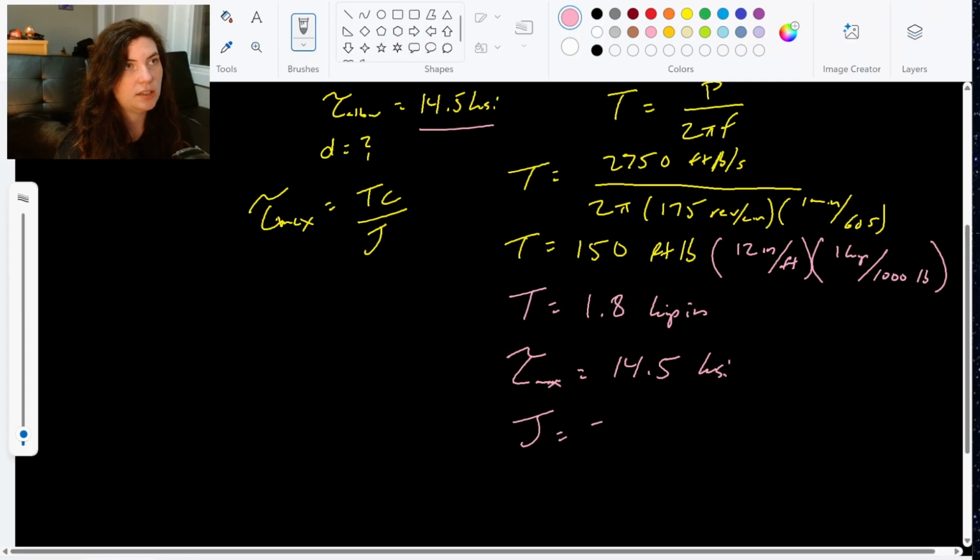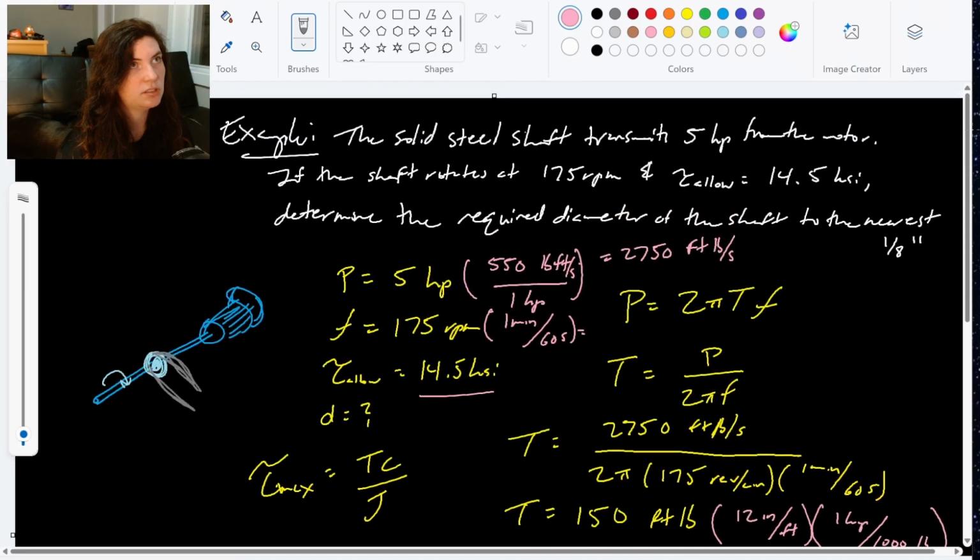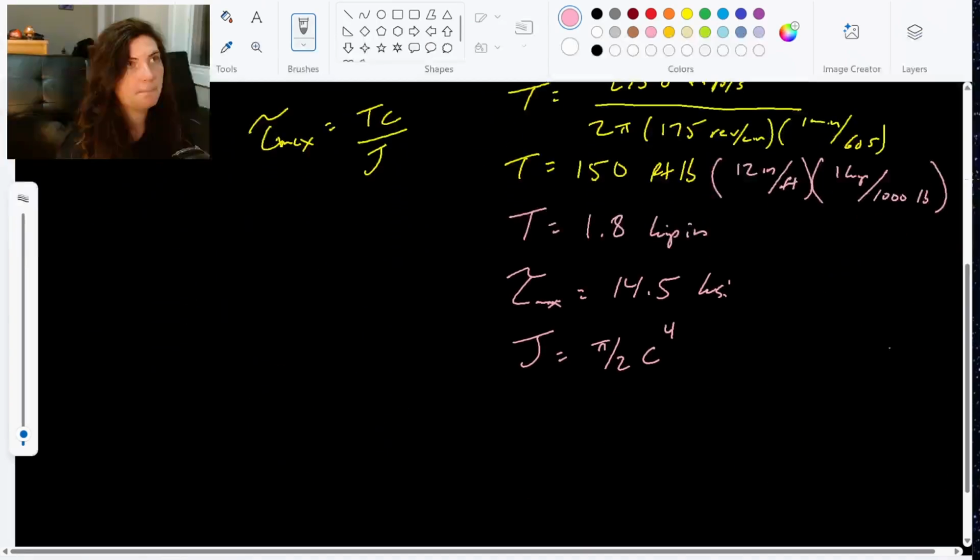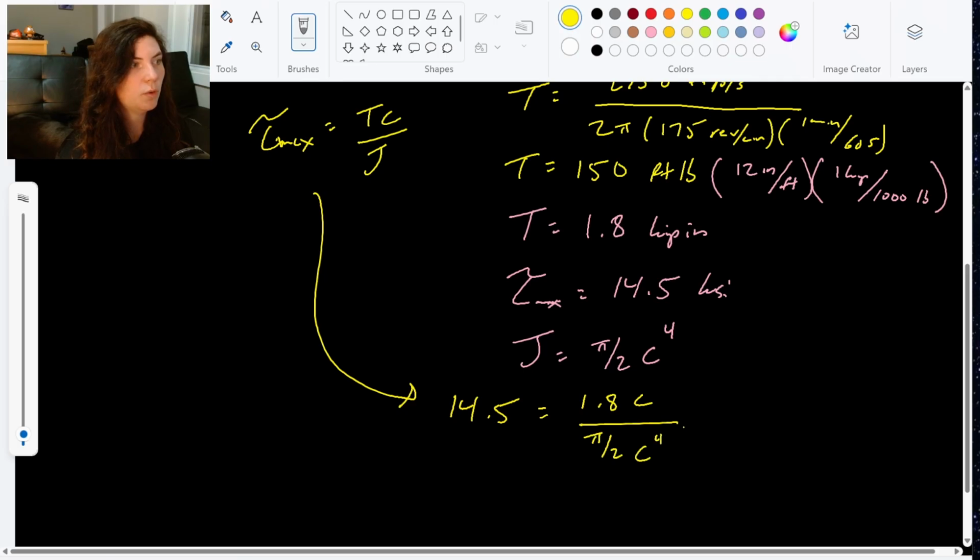And I know J is going to be pi over 2 C to the 4th, because it told us at the very beginning that this was a solid steel shaft. So I can plug all of this into my equation. 14.5 KSI equals 1.8 kip inch times C over pi over 2 C to the 4th.